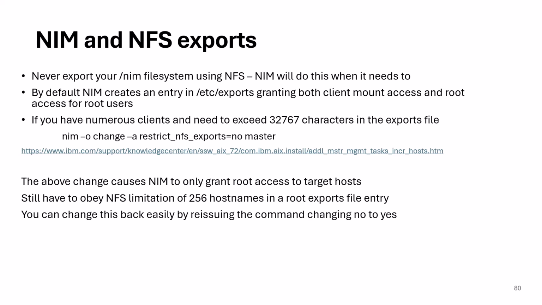Basically that means that NIM will only grant root access to target hosts. You do still have to obey the NFS limitations of 256 host names, so sometimes you may have to change your export to just be for the ones that you absolutely need at that point in time. Or you have multiple NIM servers and you split everything up.